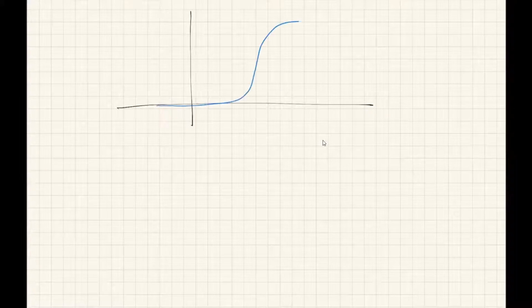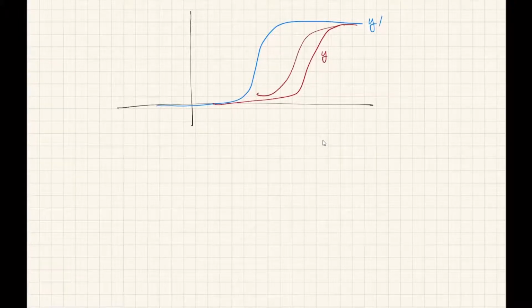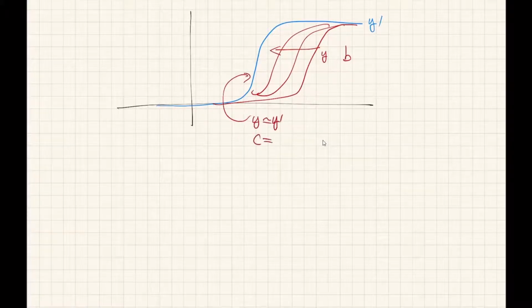Let's assume that this is the y dash curve. And in the other case, let's assume that this is y, and you update b until this point, where y equals y dash and C equals 0.